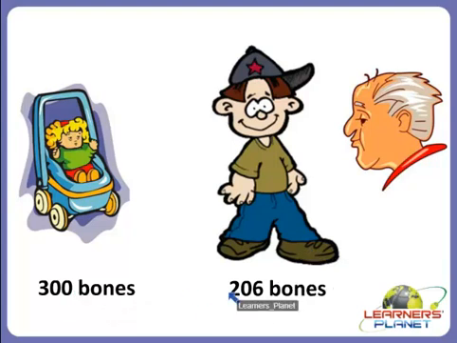Where do these bones go? Because when you are a baby you are very, very small, but when you grow older you grow taller and taller, and so these bones join together, and so as we grow older we have a smaller number of bones. Okay children?